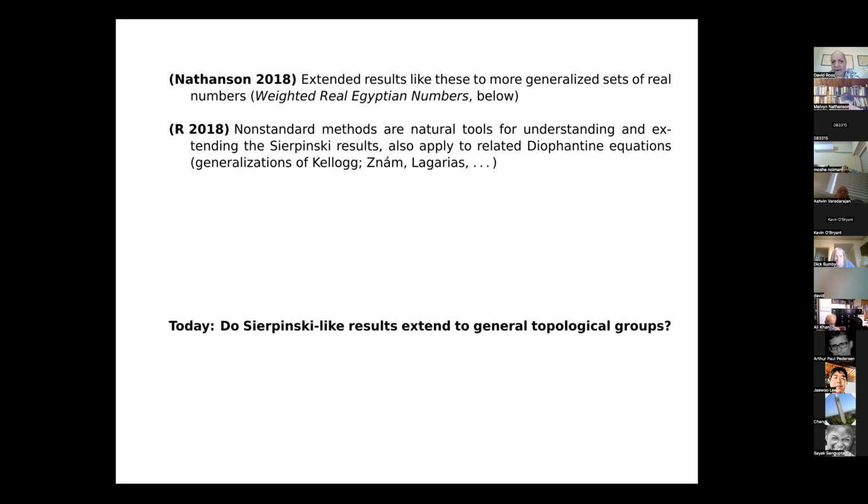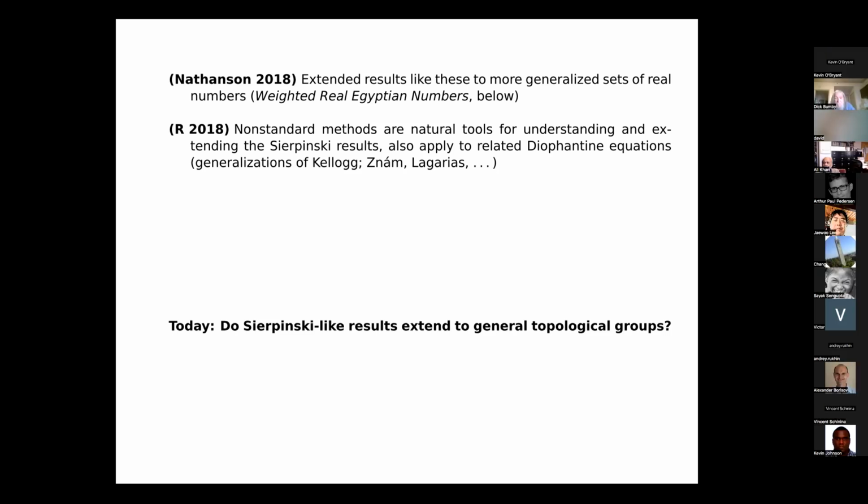Jeff Lagarias, I don't know if he's here now because I can't see the full list. He had an equation that you can analyze sort of nicely using the non-standard methods. Anyway, that's a while ago. And so the question that I want to talk about today is, can you extend these Sierpinski-like results to general topological groups, not just the reals?